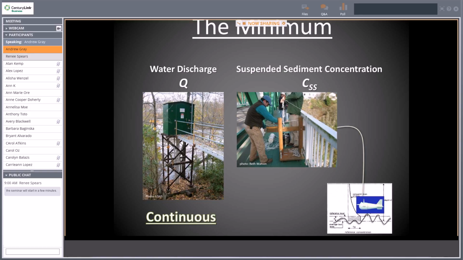And to do that in a really rigorous way, if you're interested in all of the sediment that's moving through in suspension, you actually have to take into account that concentration depth profile for coarser sediment. And it's pretty difficult. You can't really do this in a continuous fashion for the most part.